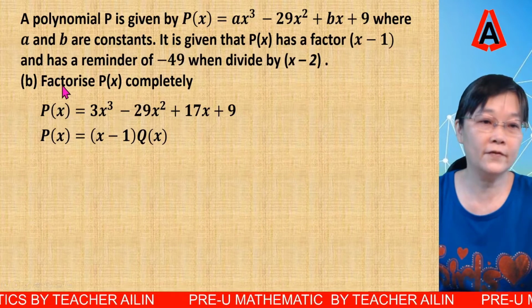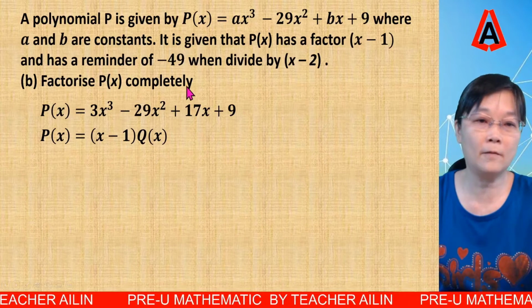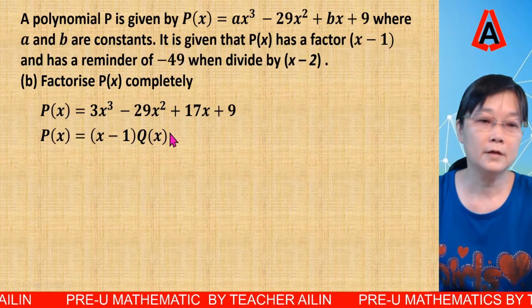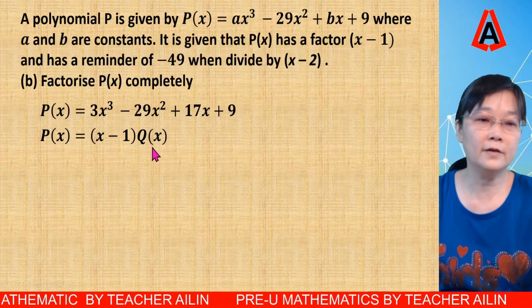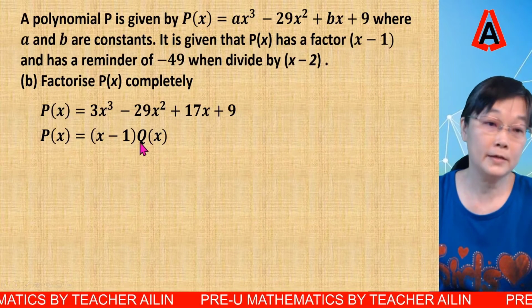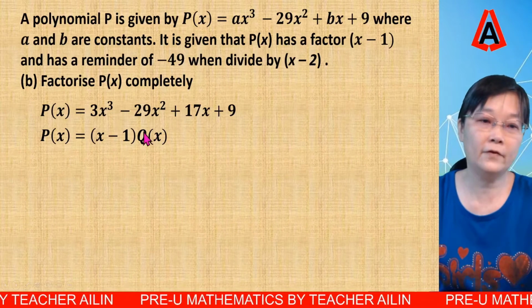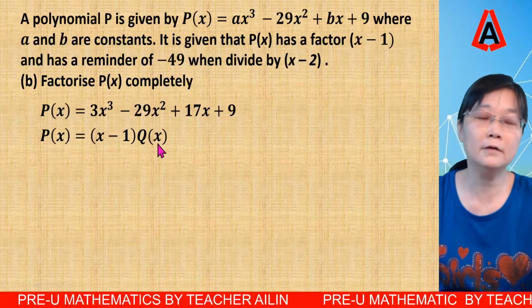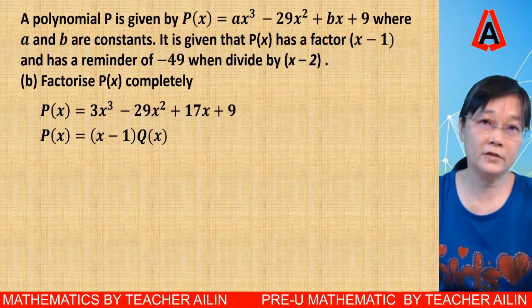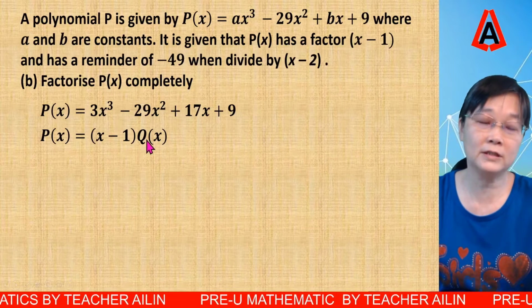So to factorize p(x) completely, I'm going to find the quotient. To find the quotient, based on what we learned before, we can use long division or equating the coefficients.